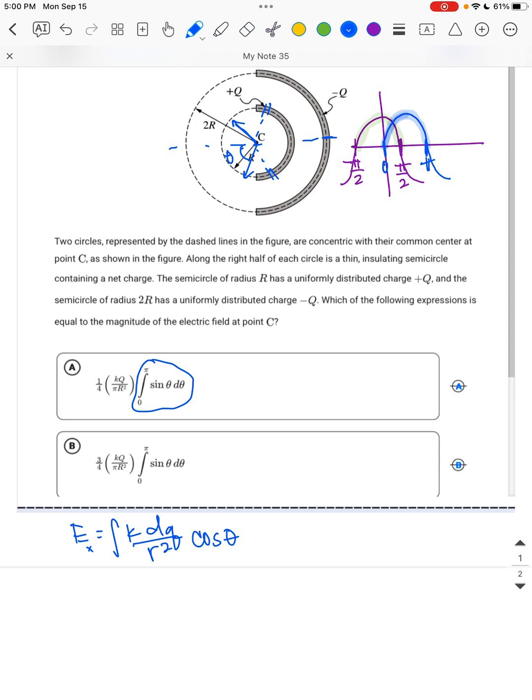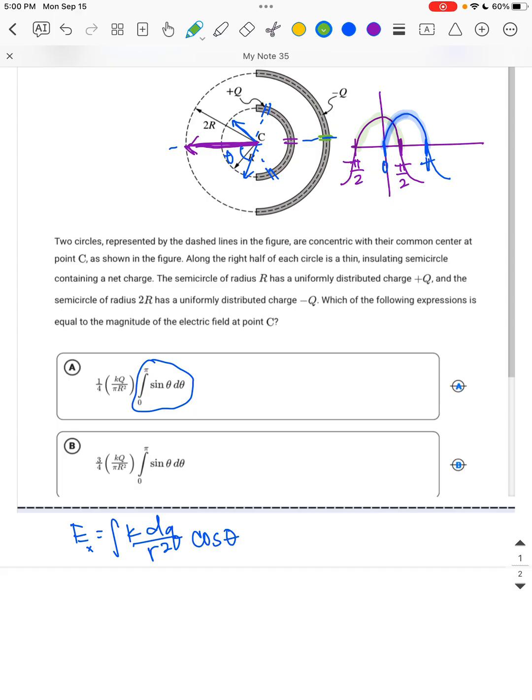What you want to notice is that when I have an electric field from the positive charge, all of the y components cancel out, and I get a net field that points to the left. If I were to take an electric field from the bigger ring on the outside, it's further away.